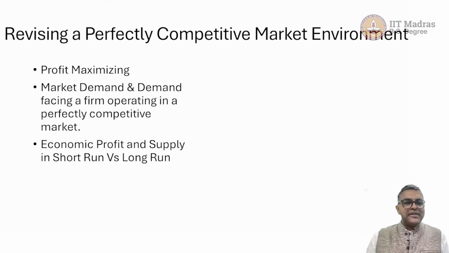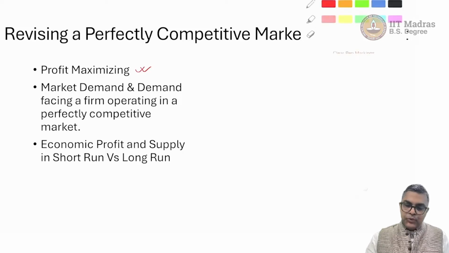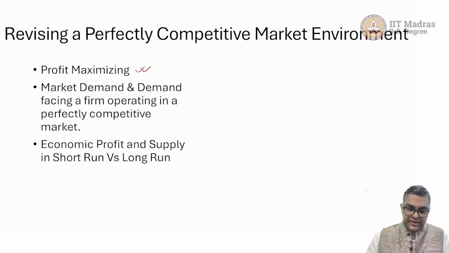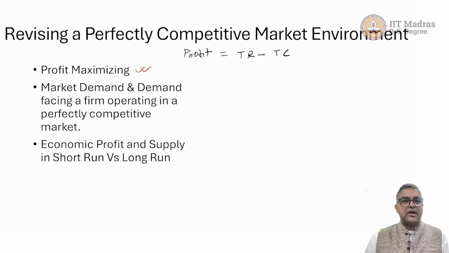Second, some of the results that hold in the perfectly competitive market environment will also be valid here, and one of those is the profit maximizing condition. So, how do we get the profit maximizing condition? There is a firm, and a firm is typically interested in maximizing its profit. Profit is nothing but total revenue minus total cost.